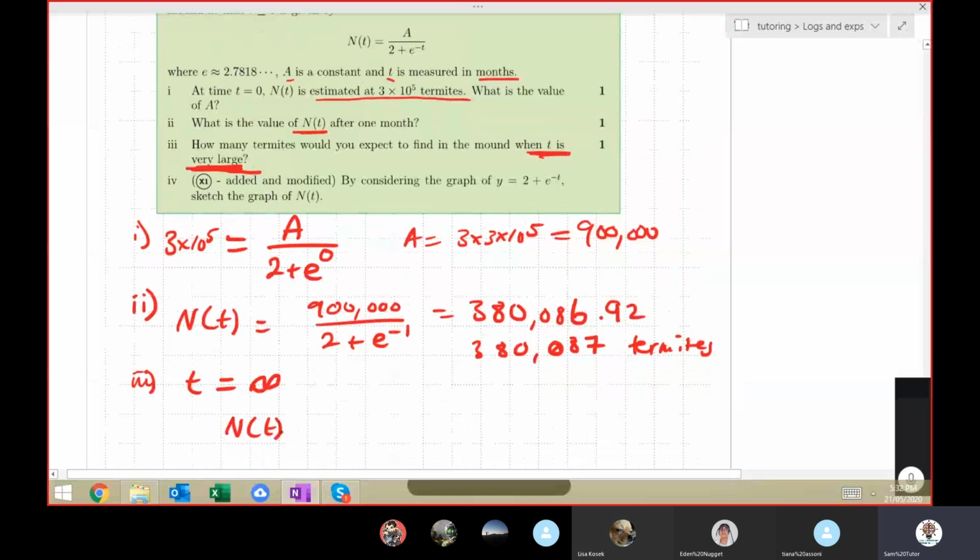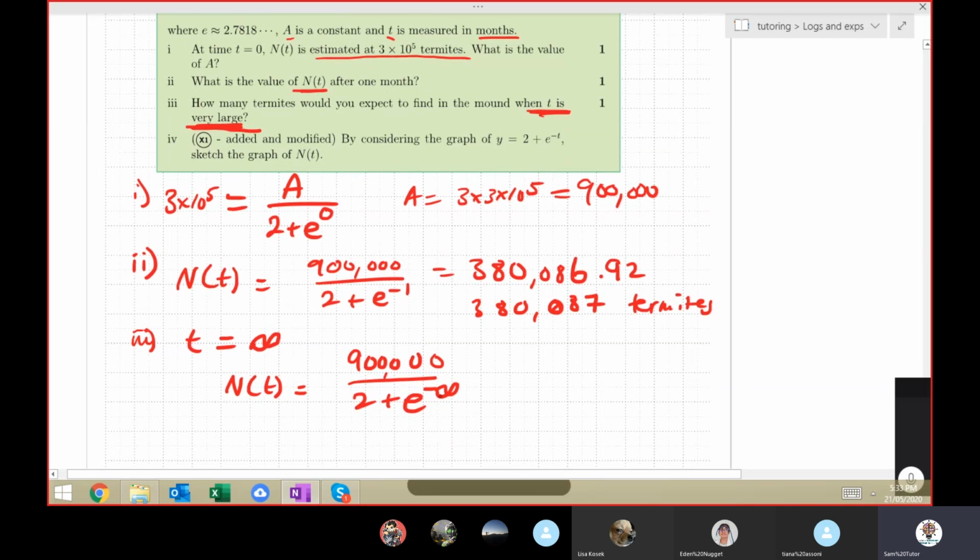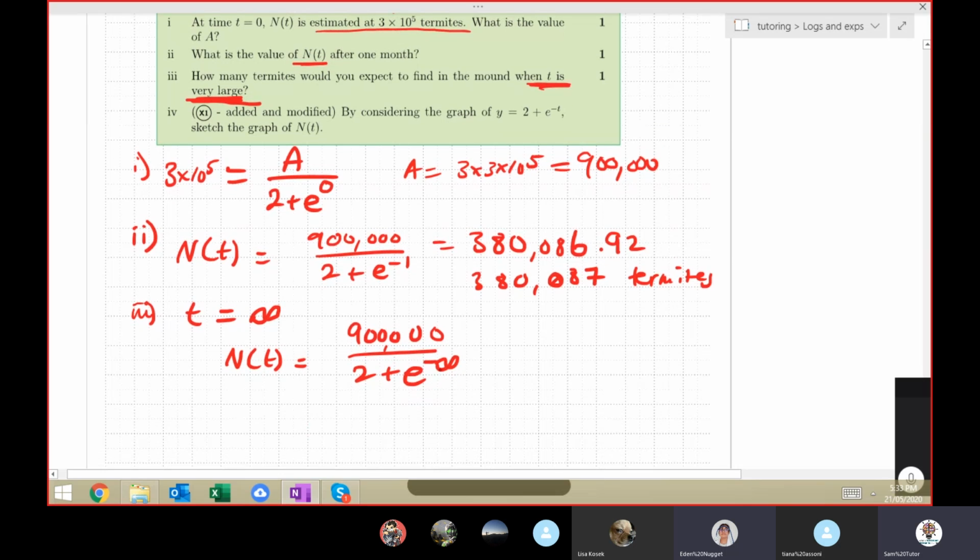Well, let's have a look. A is 900,000. 900,000 over 2 plus e to the negative infinity. What happens to the exponential as you approach negative infinity? It gets closer to 0. Good job. And then 0 plus 2 is 2, over 2.